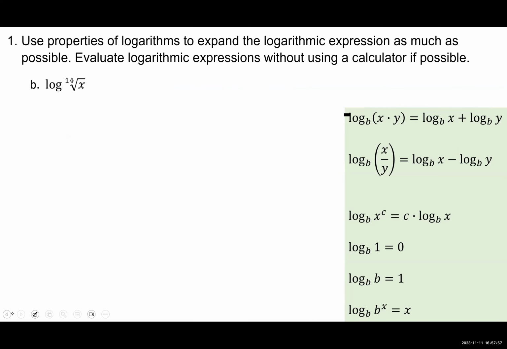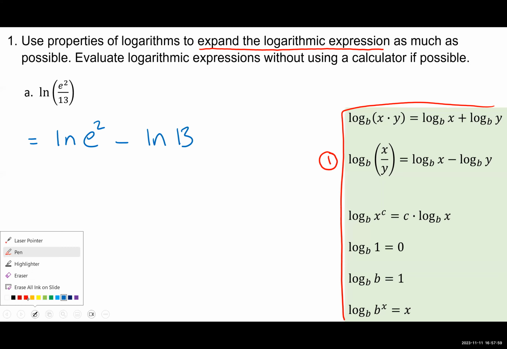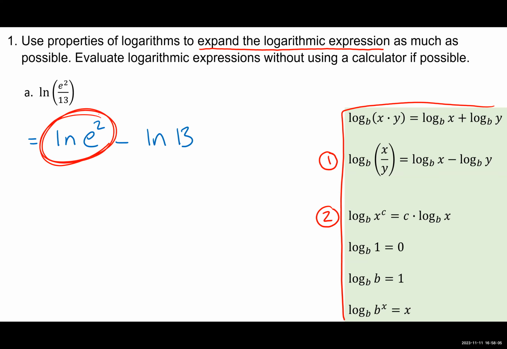All right, now we're at a point where we could apply the exponent rule just to this part. So the exponent rule says when you have the natural log of something to a power, the power pops out front.